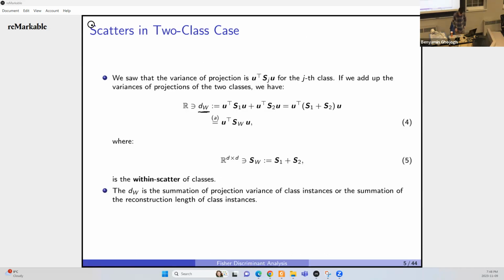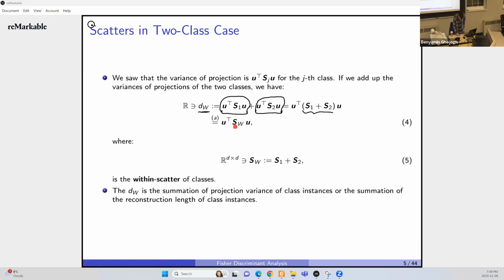Okay, so I will have dW, let it be the addition of scatters of the two classes, U transpose S1 U and U transpose S2 U. These are the covariance matrices after projection, right? Again, I factored U and U transpose out.